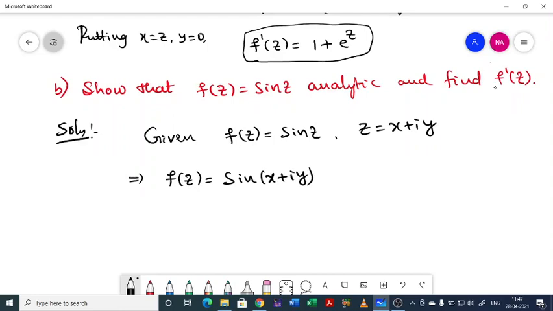Sin of a plus b is sin a cos b plus cos a sin b.